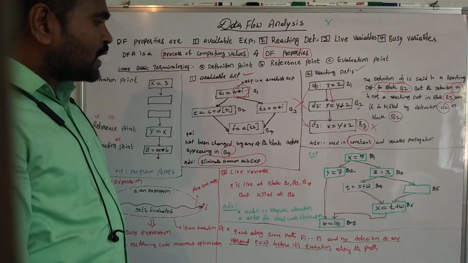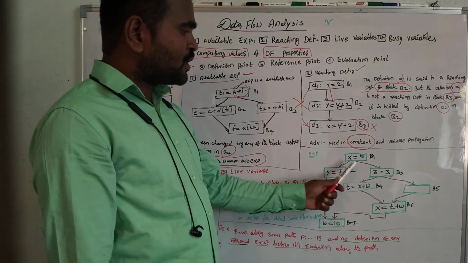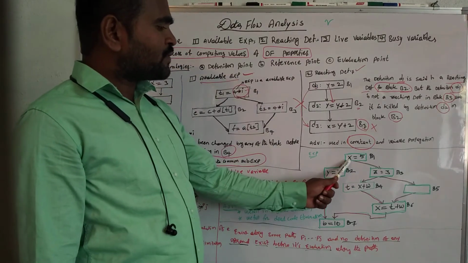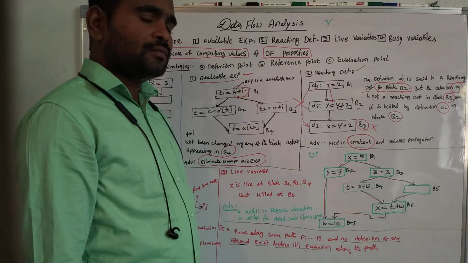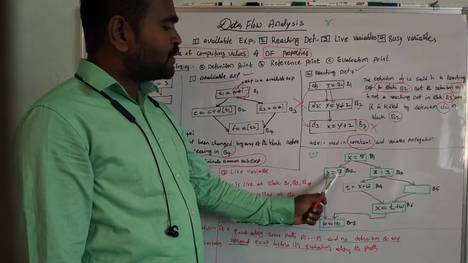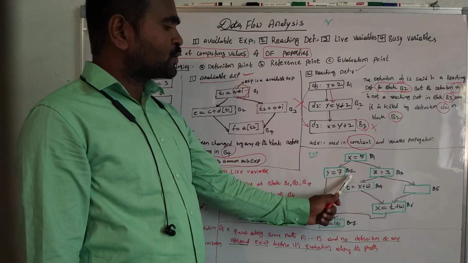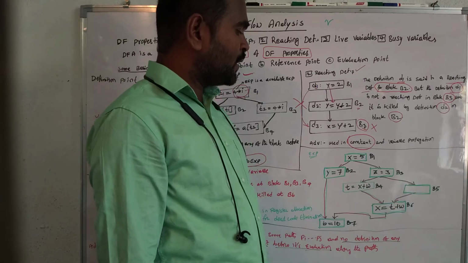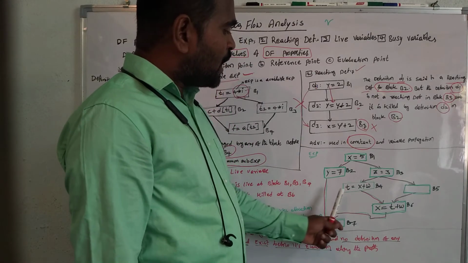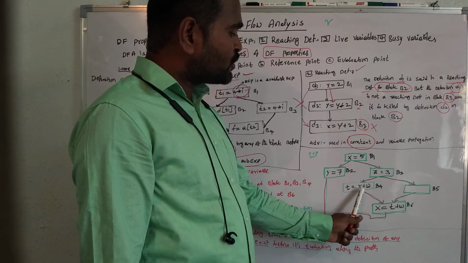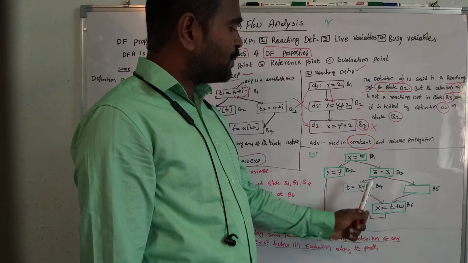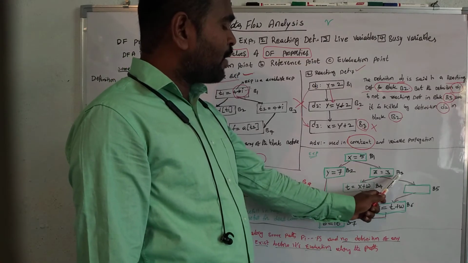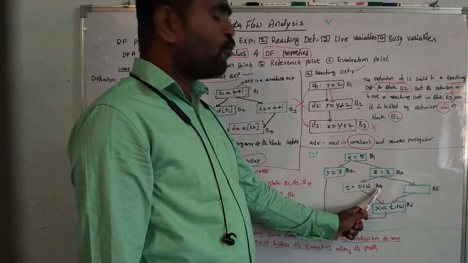The live variable is nothing but, please observe this particular flow chart here. Here I define x value is equal to 5 in block 1, and next y is defined as 7 in block 2, and z is defined as 3 in block 3. So what happened here, t is equal to, I use x plus w. So that is why here the x value is live in block 3 and block 4.